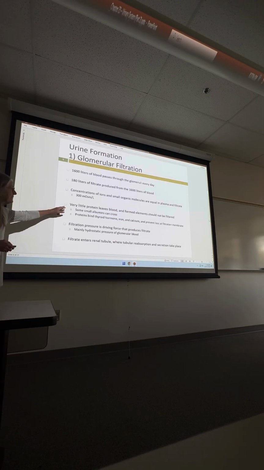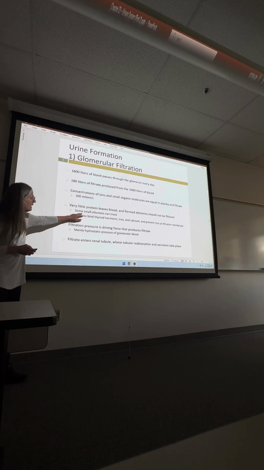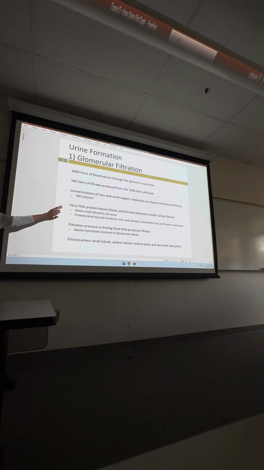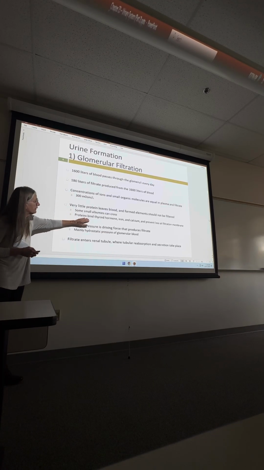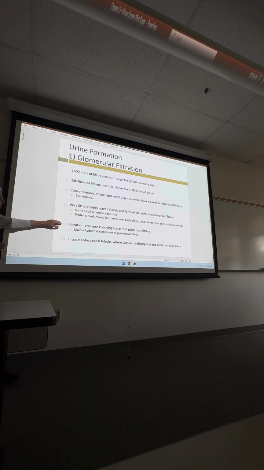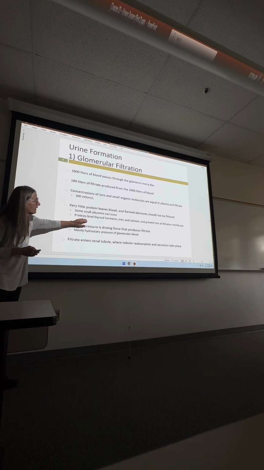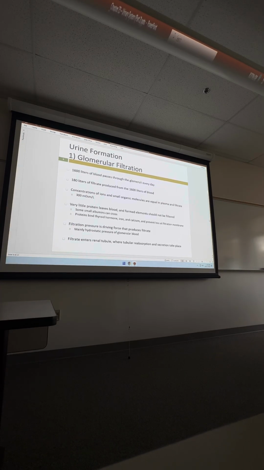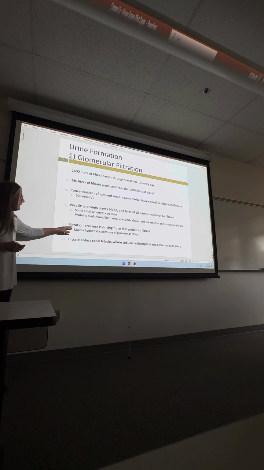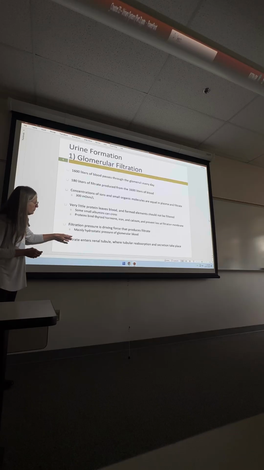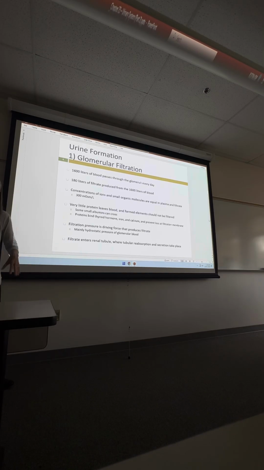So those large proteins stay back. Some of the small albumins can cross, but not all of them. And anything that's bound to a protein is probably not going to get through the filtration process. So filtration is a really important process because it has to do with hydrostatic pressure within the blood itself.